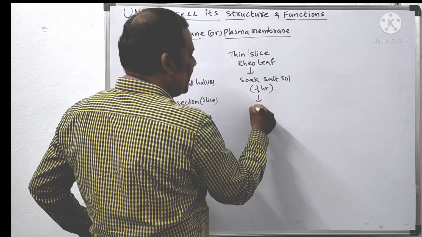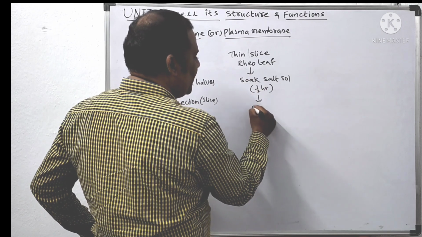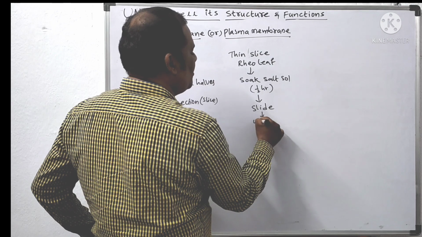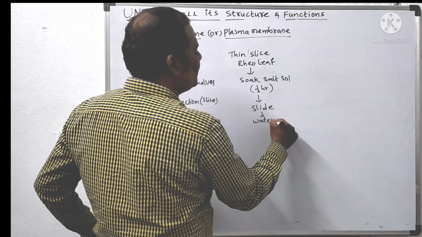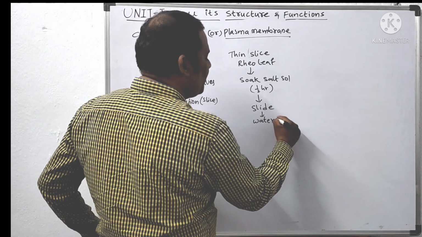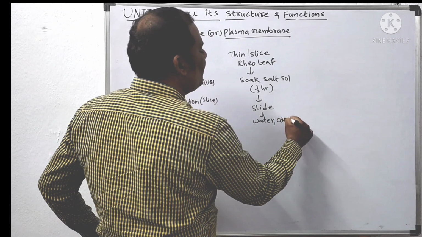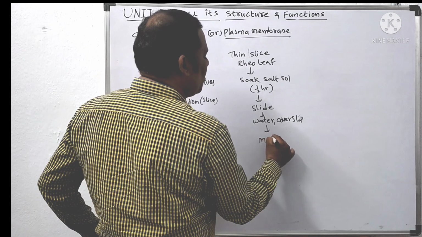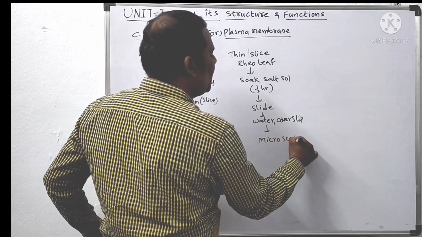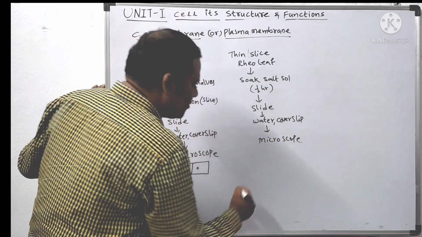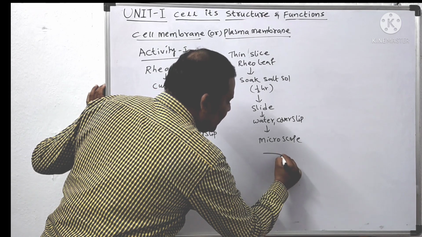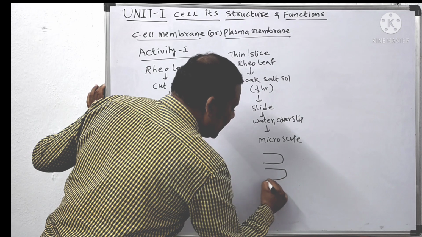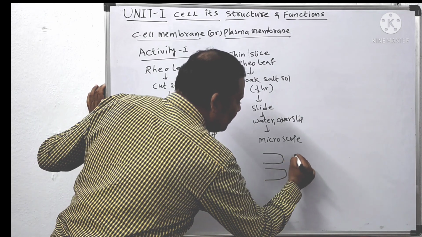And then you take the leaf out and keep it on the slide. Then the same, you add water and keep a cover slip, and then you see under the microscope. You are able to see under what? Microscope. When you see under the microscope, what will happen? Here the cell membranes will be crystal clearly visible.